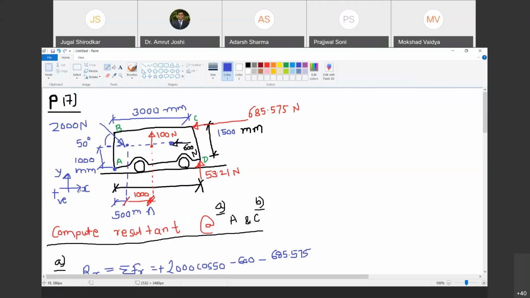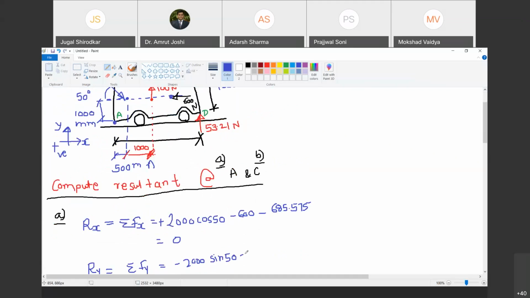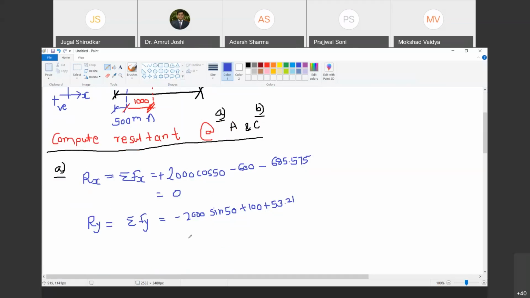So as per assumed positive y, it is negative. Therefore minus 2000 sin 50 plus 100 plus 53.21. Right. चलो बोलो क्या आता है.